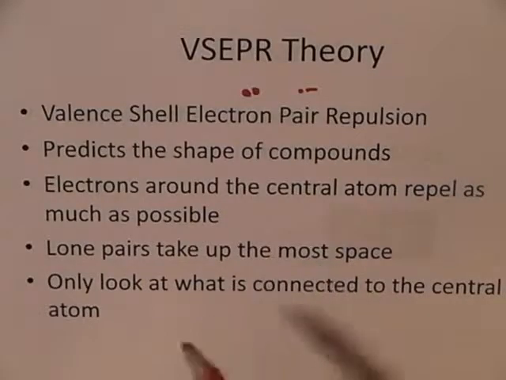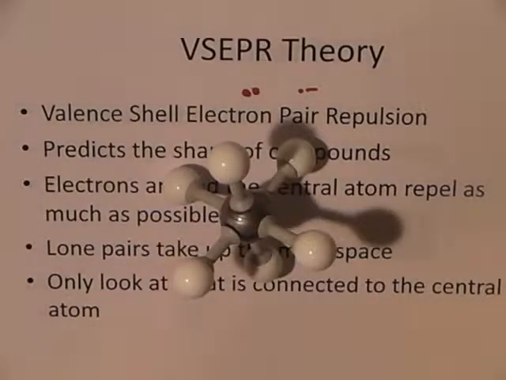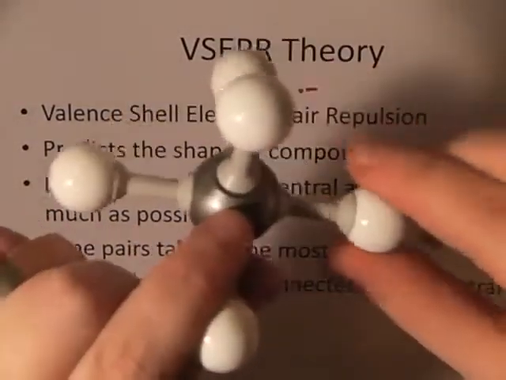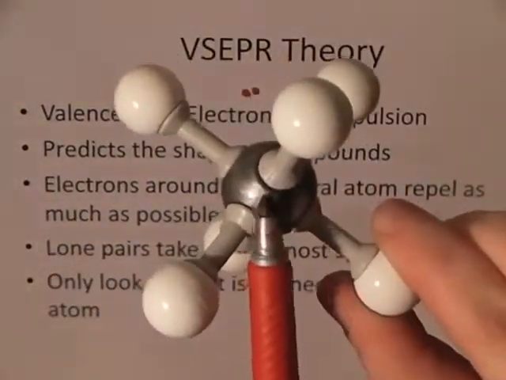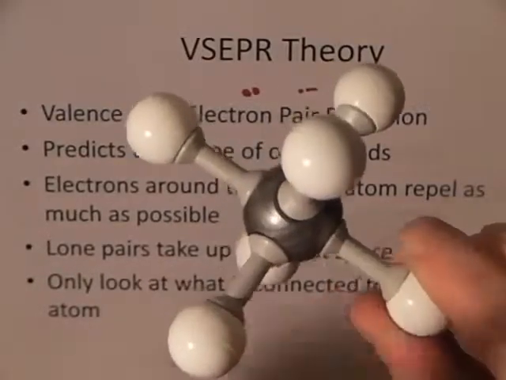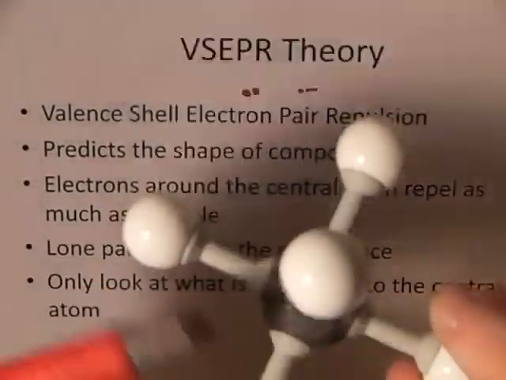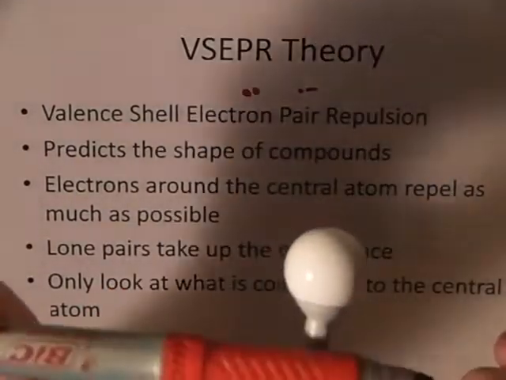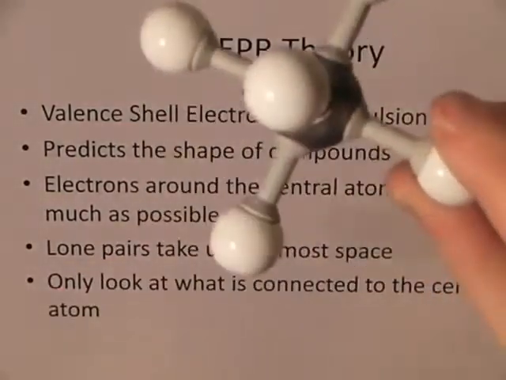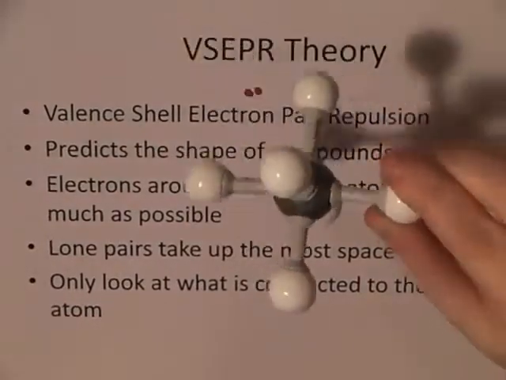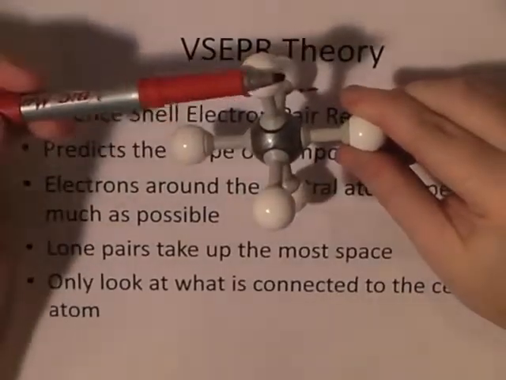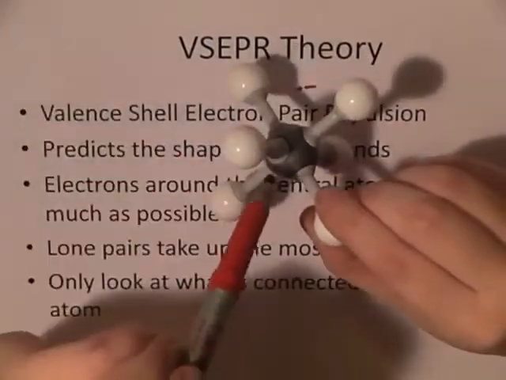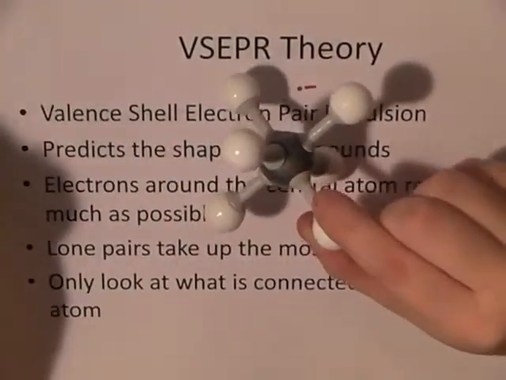Okay, so when we start building these compounds, kind of like this one, we're going to talk about the central atom. So that's this one in this case. And then talk about the angles that form, sorry, I'm really bad at this, the angles that form between these atoms that are bonded to the center atom based on the electrons in each one of these bonds repelling each other.